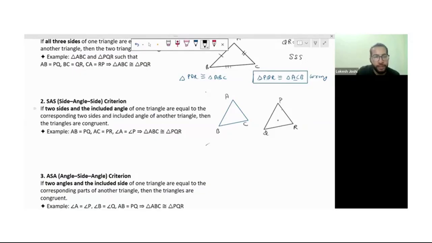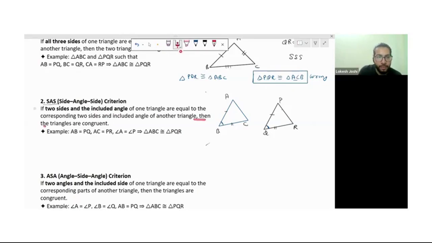We can say the side angle side criteria holds if any two sides, like AB is equal to PQ and BC is equal to QR, are equal and the included angle between the two equal sides, this angle, and this angle, are equal. Then we can say the congruency of the triangles holds, due to side angle side criteria.